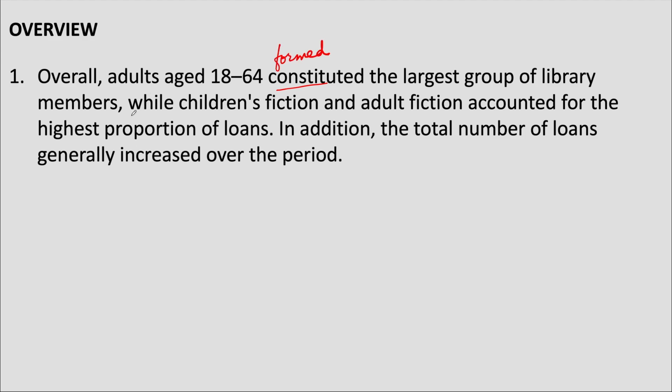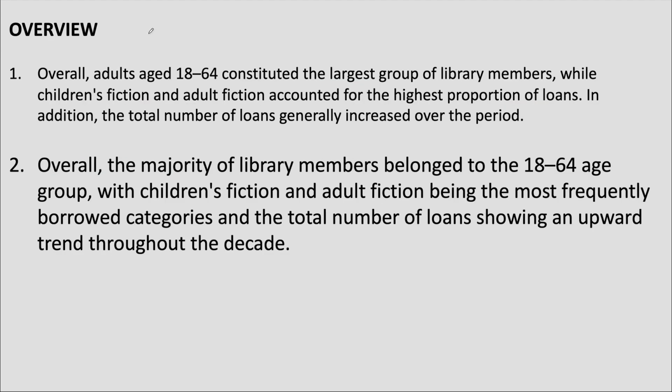Then we mention the table using the word while and using the phrases accounted for and highest proportion. And for the bar graph, in the overview, we have just mentioned the overall trend. Notice the word generally. Because there is a small drop in 1 year, if we had just written the word increased, it would have been incorrect.